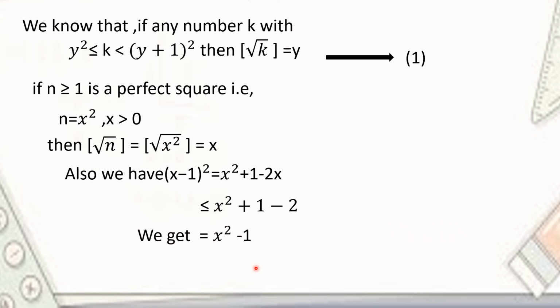So on further simplification, we get x square minus 1. As minus 1 is less than 0, we get less than x square. From above, we get x square minus 1 is less than x square as minus 1 is less than 0. Therefore, x minus 1 the whole square is less than or equal to x square minus 1, which is less than x square.